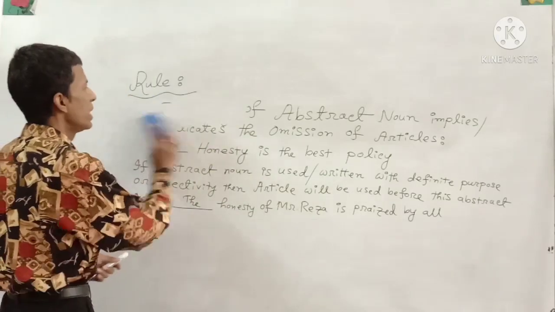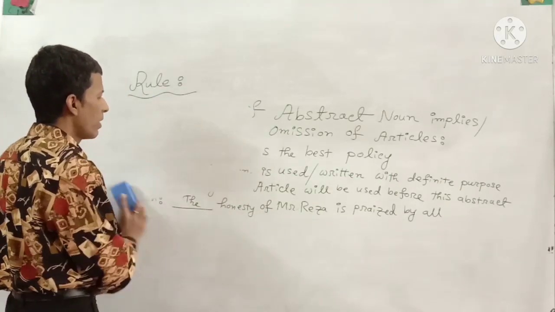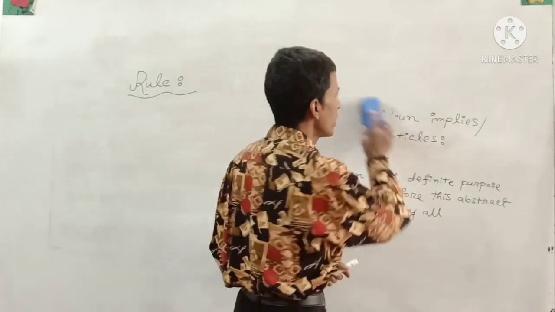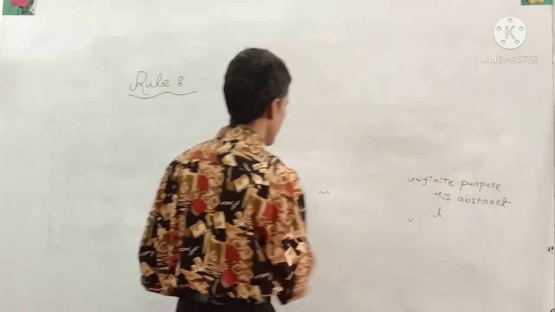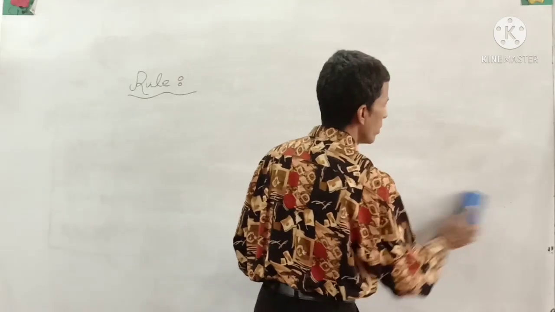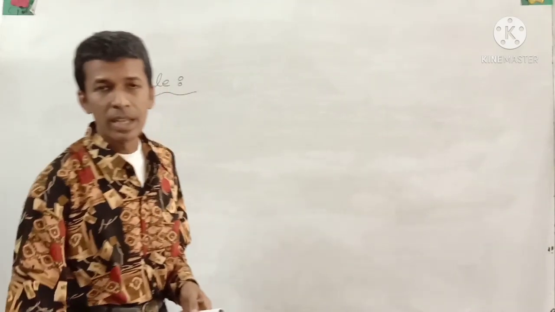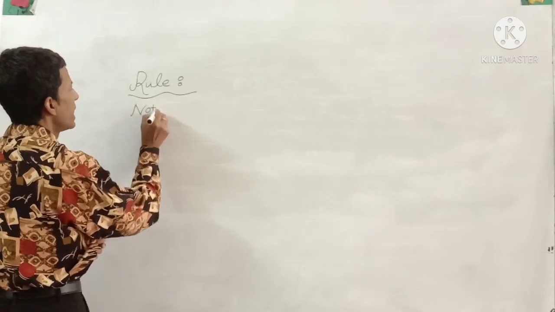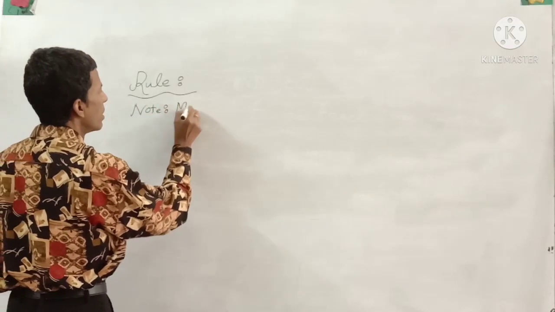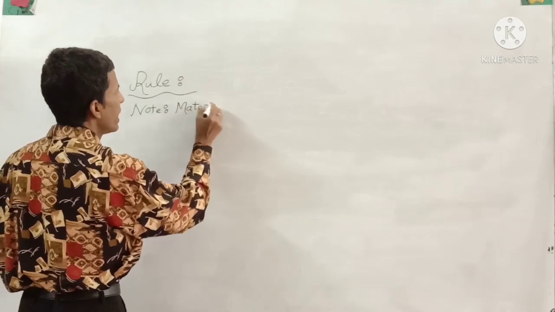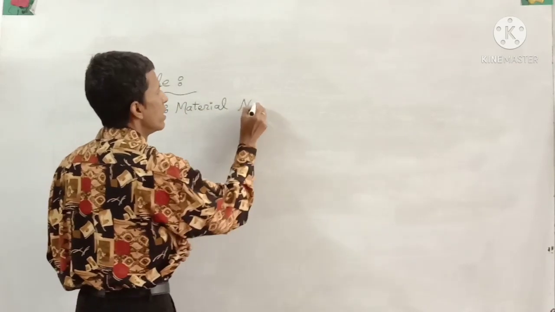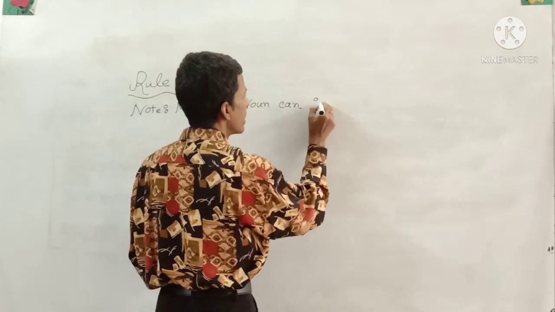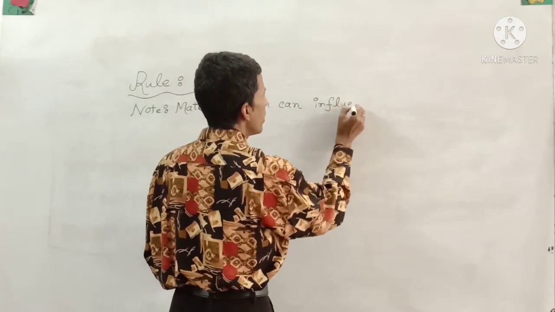In the next rule, you will find the omission of articles in the sphere of material noun. Material noun can also influence the using of articles. Here take the note that material noun can influence the using of articles.